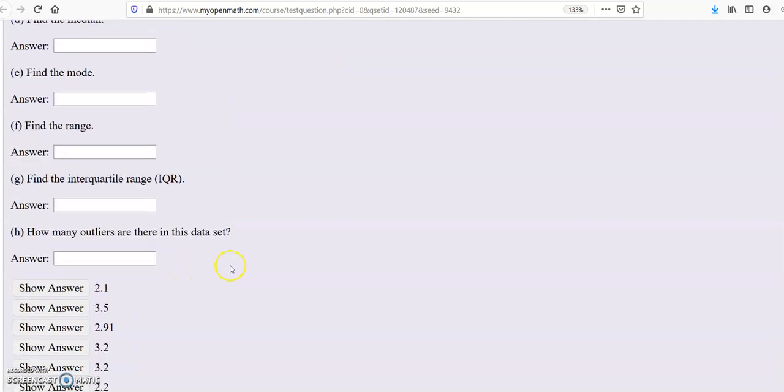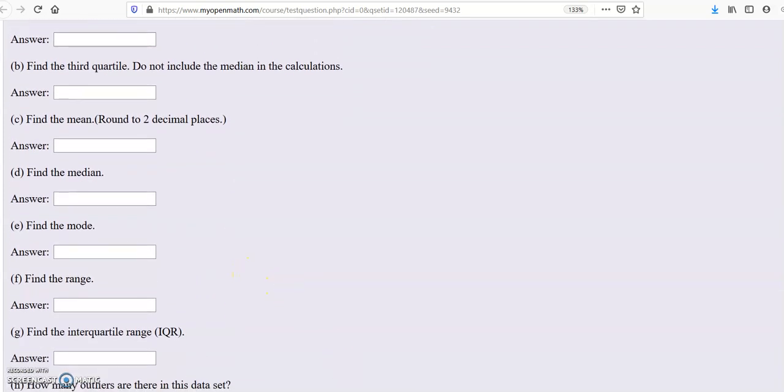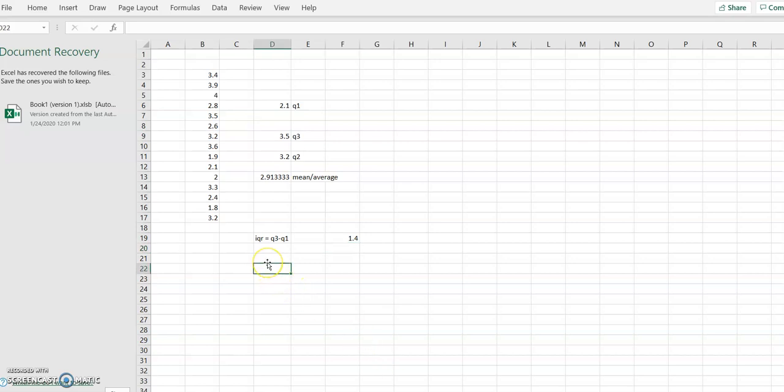And then the outliers. For the lower outlier, you just have to do this on the calculator. I don't know if there's a way to do it in Excel, but it's easy. The lower outlier is equal to Q1 minus 1.5 times the IQR, and the upper outlier is equal to Q3 plus 1.5 times the IQR.